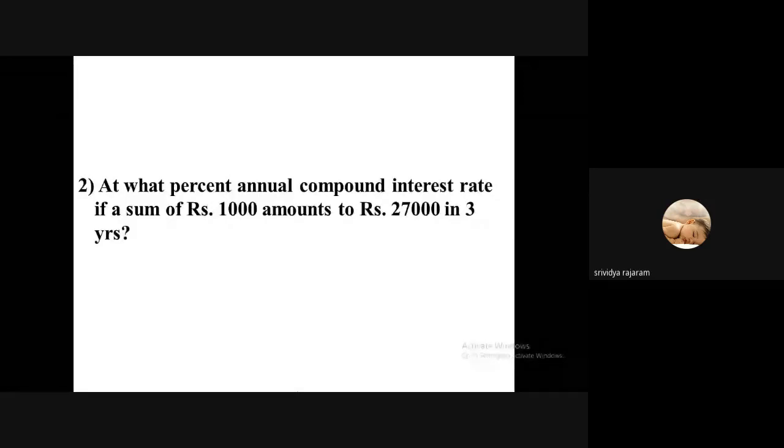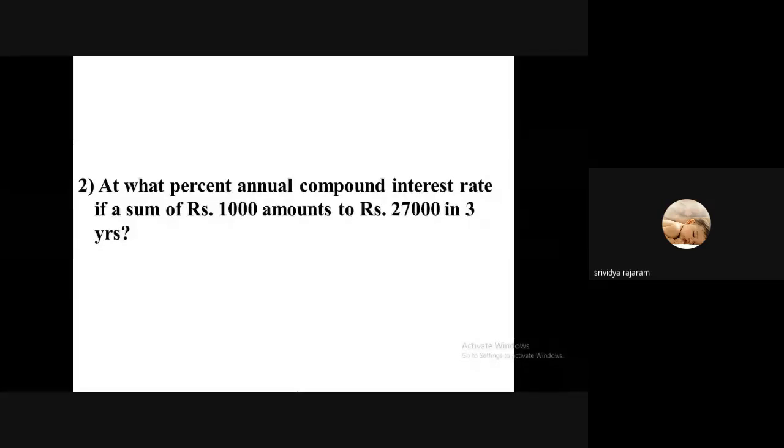So the initial amount, the value of P, is given as 1,000, and the phrase 'amounts to' is here, so rupees 27,000 is the value of A. In compound interest also, the value of A will always be greater than the principal amount. You can verify it: the principal amount is 1,000, whereas the new amount is 27,000, so it is greater. In 3 years, n is given as 3.